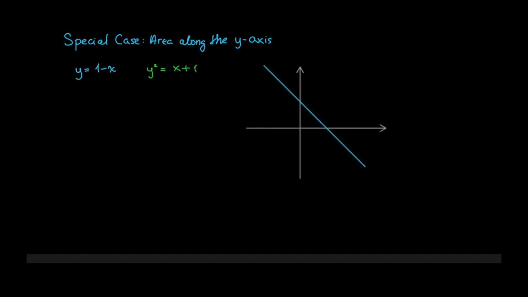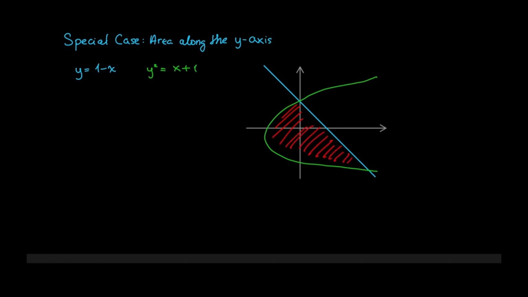Graphically, I can tell you that the blue function is just a linear function, while y squared equals x plus 1 is going to be a laying parabola. So that means we need to find this area right here.